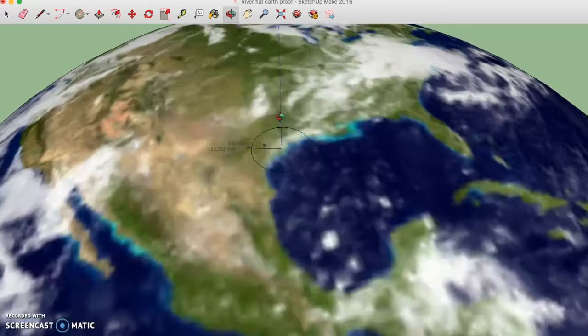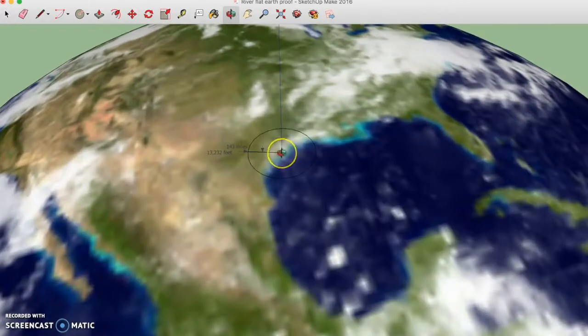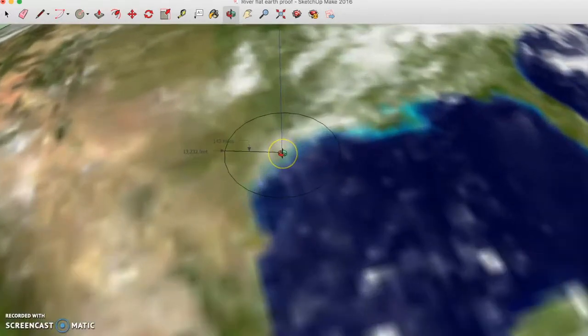And so this is relatively where the Colorado River is entering the Gulf Coast right here. I drew this circle right here, 143 feet, which with the scaling is 143 miles. This works out pretty accurately. Austin's relatively in this area over here.